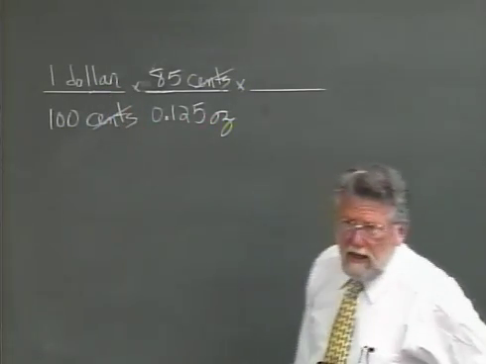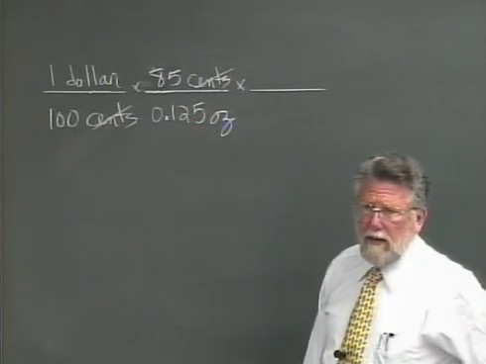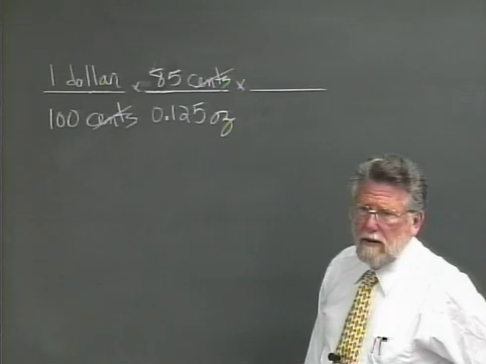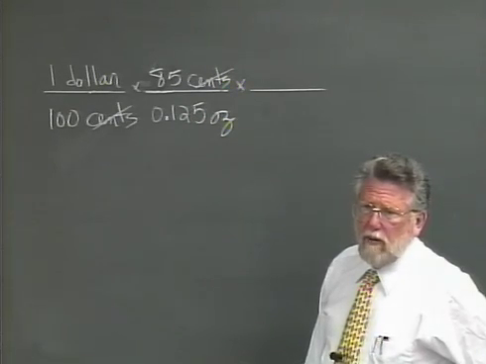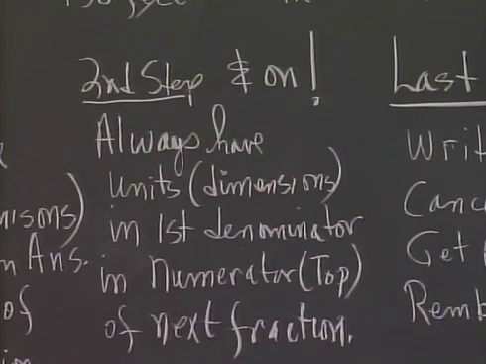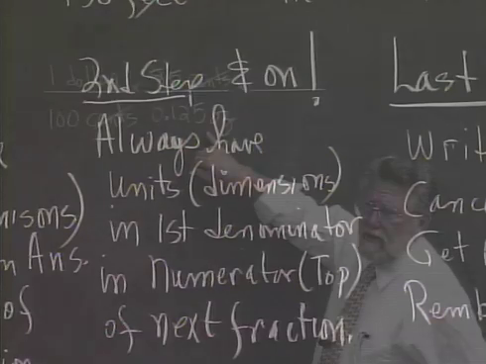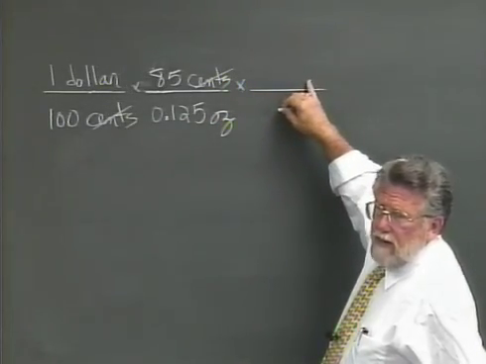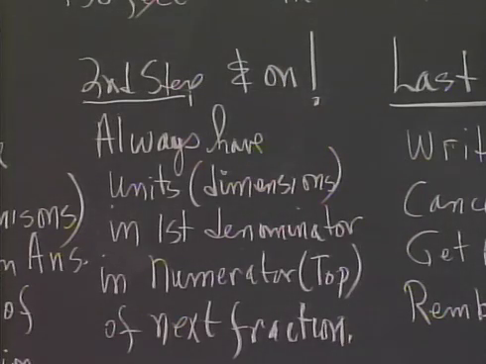What must be in the next numerator? Let's go back to the front board, step 2. I remember I want to have the units in the denominator, so I come back and look at this. And that goes in the numerator. So I have to have ounces here.